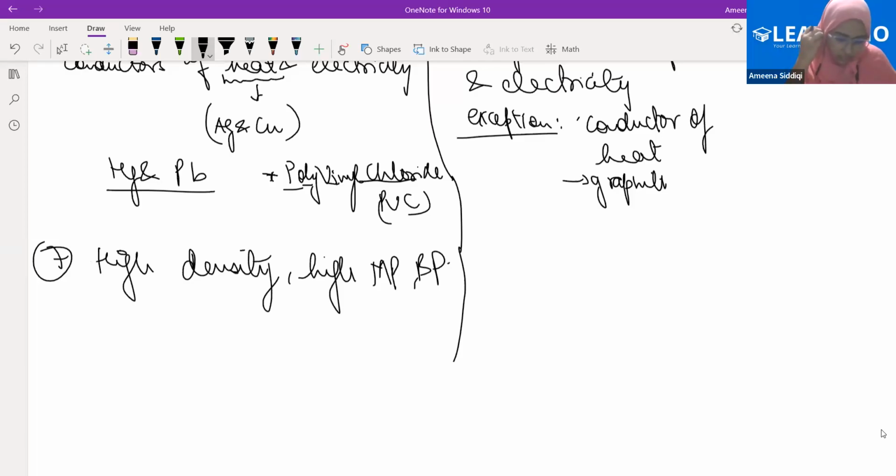Yes, ma'am. And the opposite is the case of non-metals: generally low density, low boiling point, and low melting point.